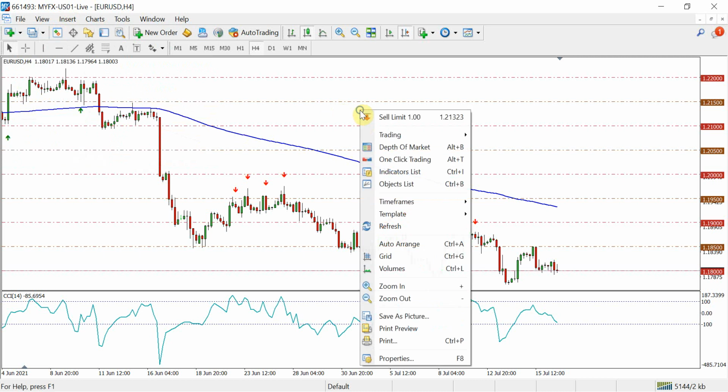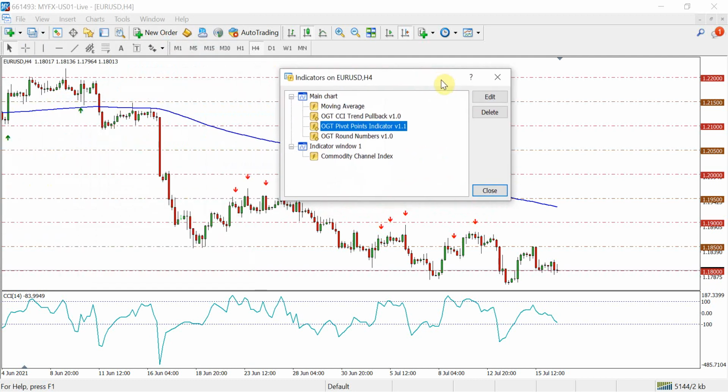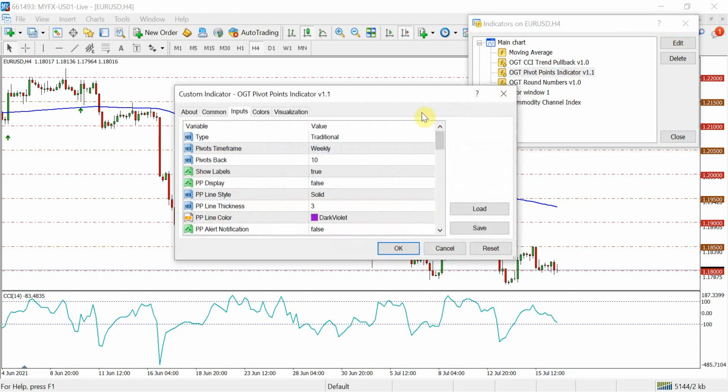And what you guys will know is I like to use pivot points as well as natural support and resistance levels. Because we're looking at a 4-hour chart, not lower time frames, mainly because a lot of people have been asking about longer term time frames, on a 4-hour time frame I like to use weekly pivot points.